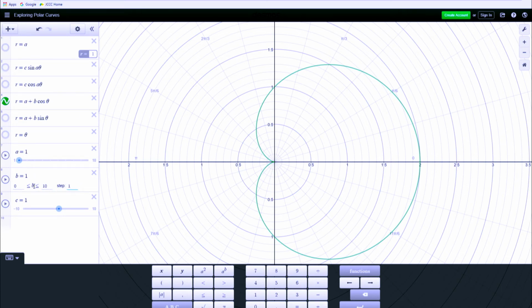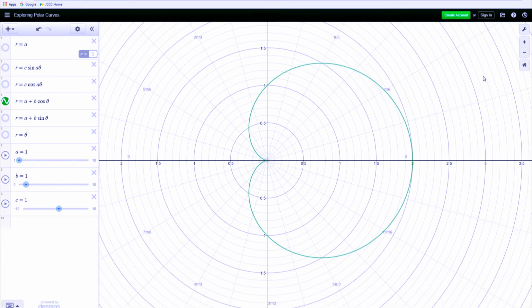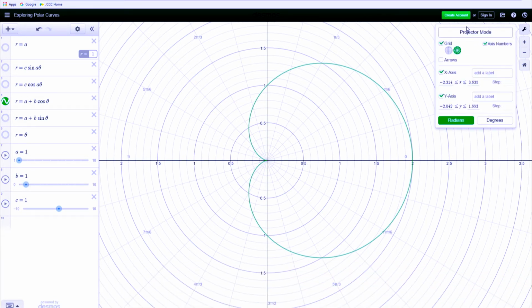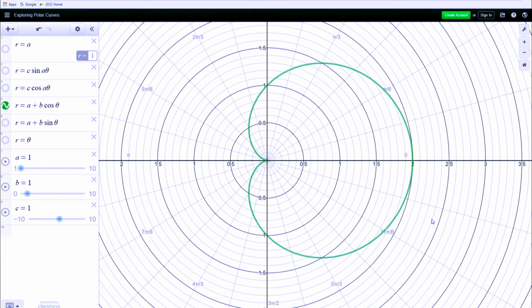So right now a is 1, b is 1, and there is what we just graphed, right? Now, this value here is shifting, right? That's going to move the graph. If we're looking in the r-theta plane, it's going to move it up.